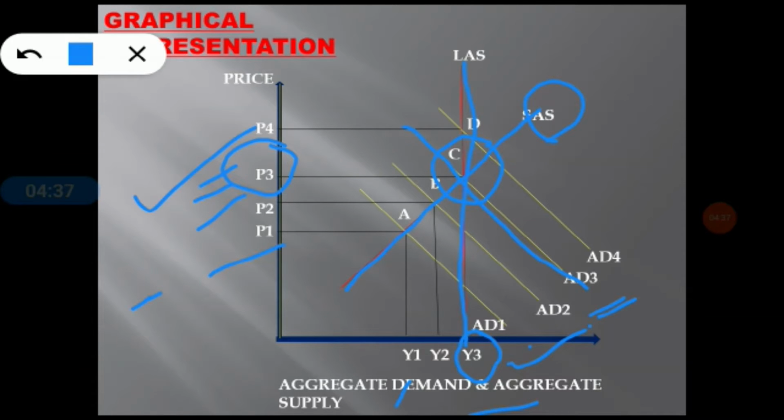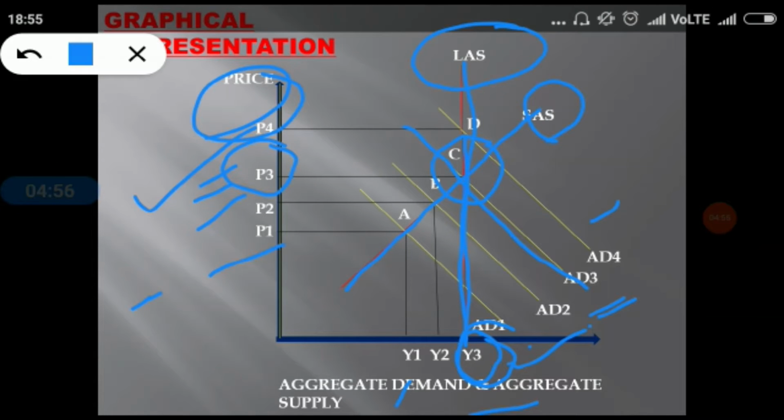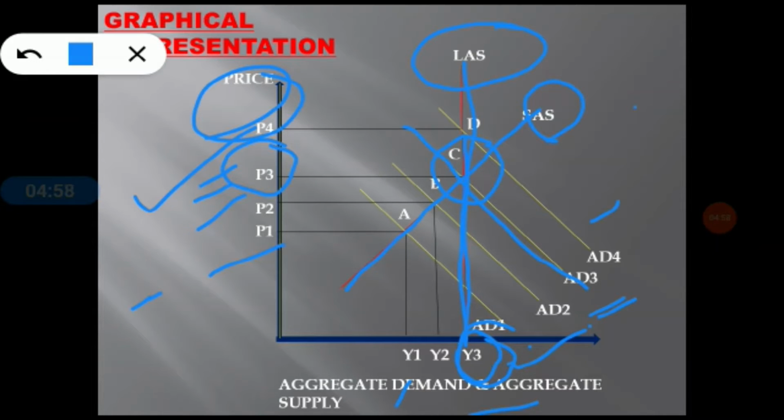But when the aggregate demand curve increases from AD3 to AD4, price also increases, but aggregate output is fixed at Y3 because the long run aggregate supply curve is parallel to the vertical axis and it does not shift.